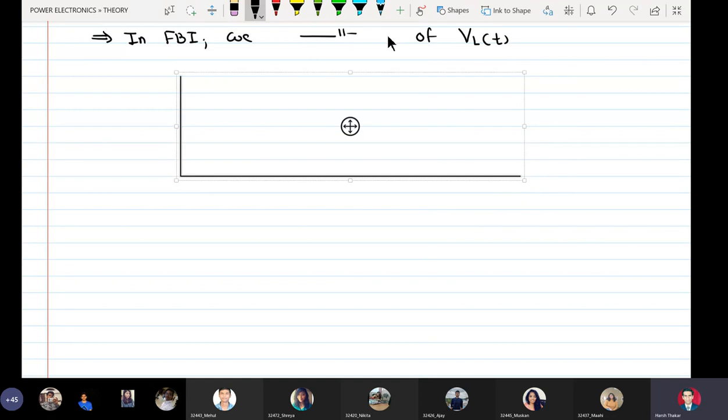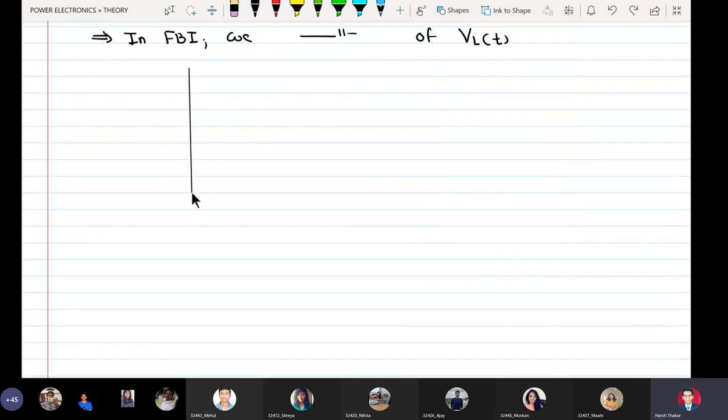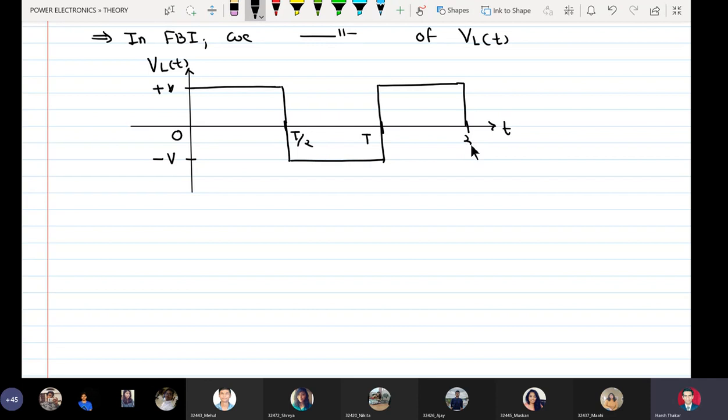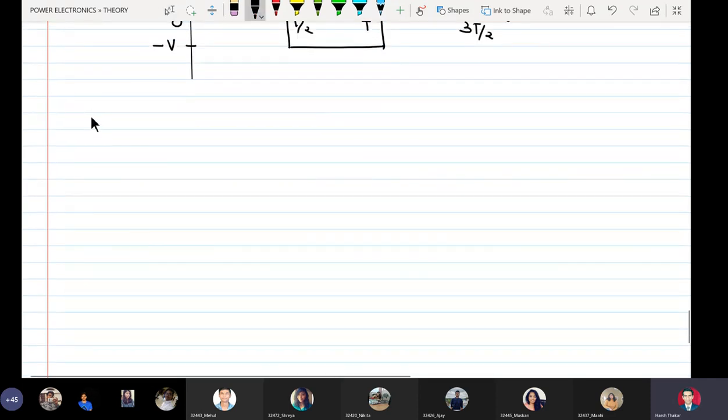We know that the load voltage VL of t is plus V from 0 to T by 2, and minus V from T by 2 to T. So very simple.